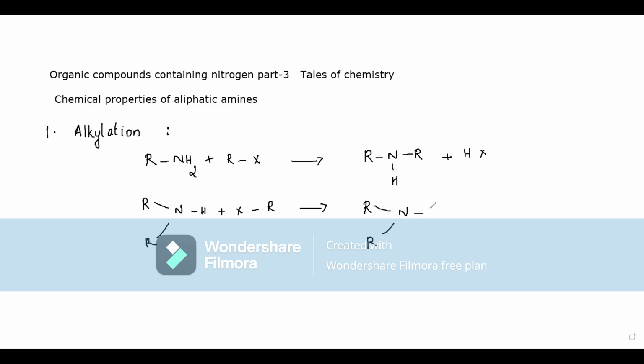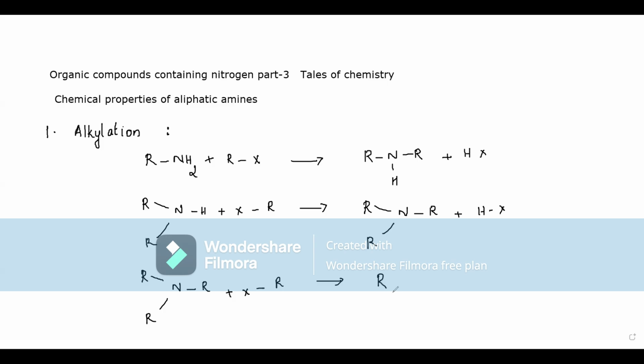RNR plus HX. This is a tertiary amine. Now, collect the tertiary amine. You can prepare a quaternary ammonium salt also. RNR, the third R, plus RX. The lone pair of electron of nitrogen is used to bond with the new R here.